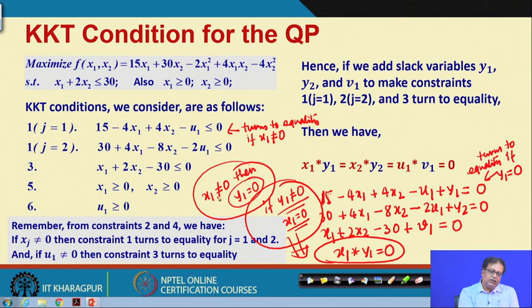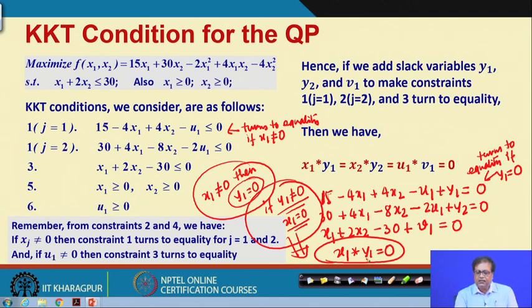So if x1 is not equal to 0, then y1 equal to 0. But if y1 is not equal to 0, then this does not turn to equality, but x1 multiplied by this portion is 0, that was constraint number 2. Combining these two facts, we get x1 star y1 equal to 0.